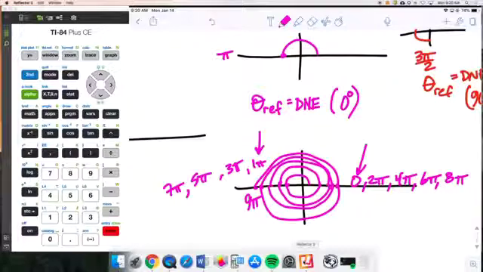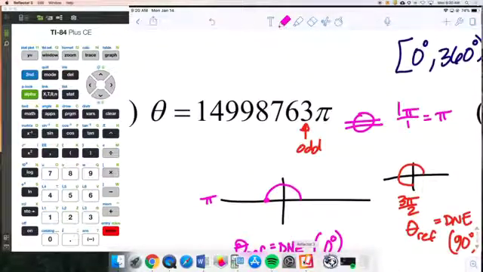So if you ever see just some number times pi, you can immediately discern what it's coterminal with. It's either going to be 0 or pi, depending on that number right there. If that's an odd number, it's coterminal with pi. If it's an even number, it's coterminal with 0. That easy, okay?